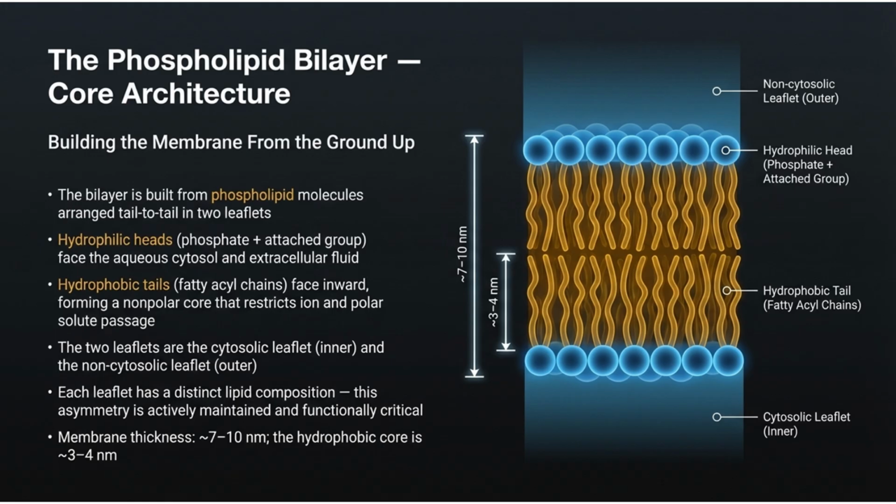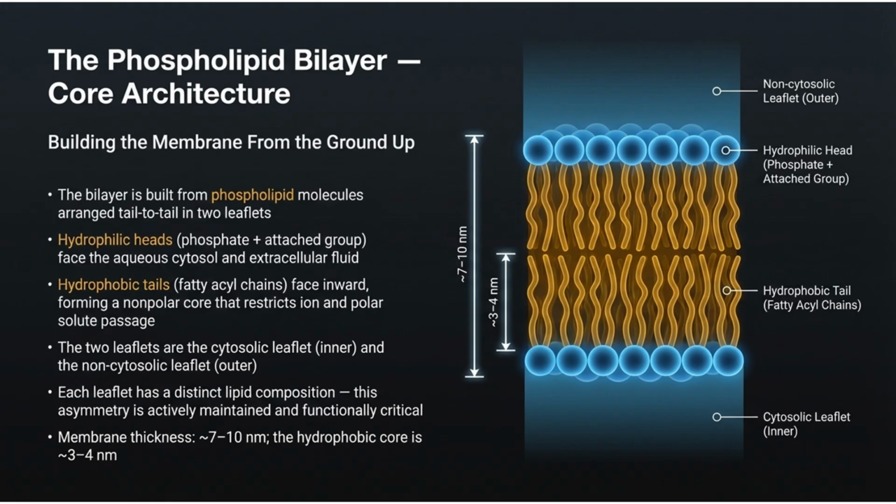The hydrophobic tails, two fatty acyl chains per molecule, long hydrocarbon strings with no affinity for water whatsoever, face inward toward each other, forming the nonpolar core of the bilayer. This tail-to-tail arrangement shields the hydrophobic chains from the aqueous environments on both sides, achieving a state of minimal energy.